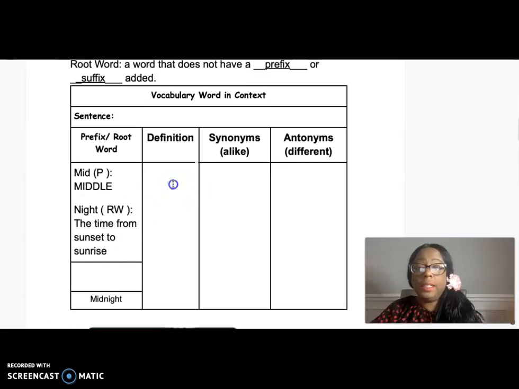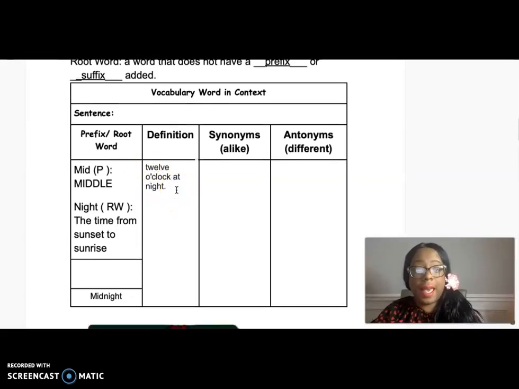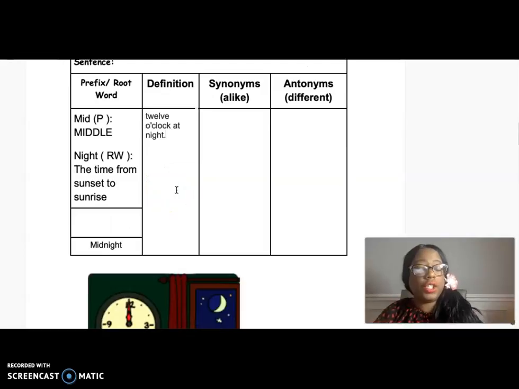When I looked in the dictionary, it let me know that the definition of midnight is 12 o'clock at night. It's dark outside, and usually that's when we're all asleep. Now, if we're looking for synonyms of the word midnight, we would have to find something that means the same. Who can tell me where we find synonyms and antonyms?